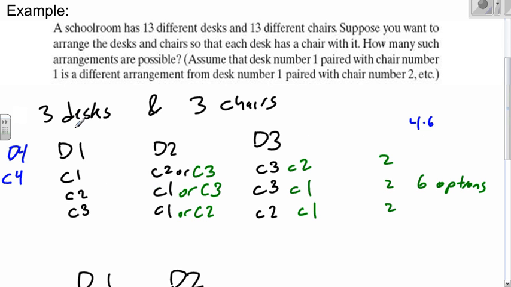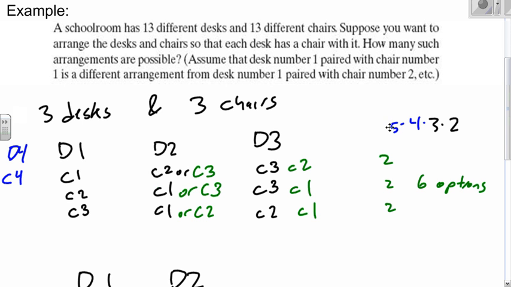And if we added in a fifth desk, all of that would happen for each of the 5 times. So it would be times 5. And this starts to make a little bit more sense. Instead of writing 6 options, we write 3 times 2. There's 3 different 2s here.